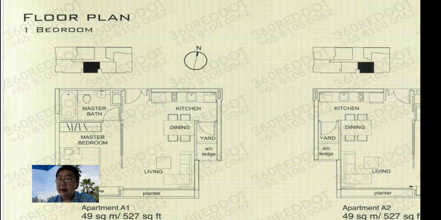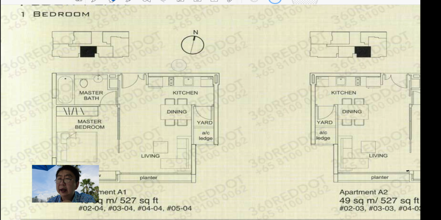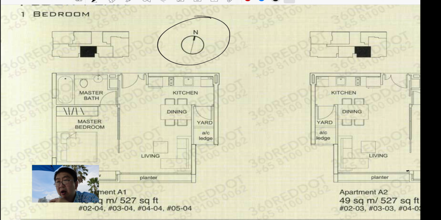This one is the direction of the unit itself. North is here, this is south, and here will be our west and east. How we know the orientation between west and east is very simple.